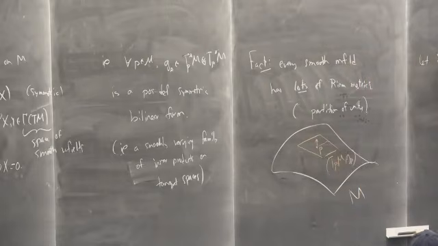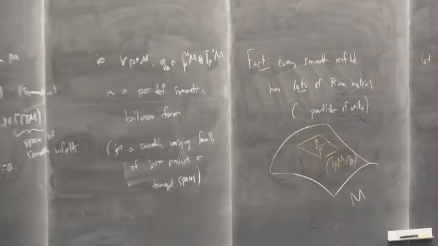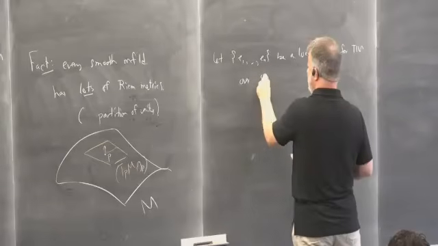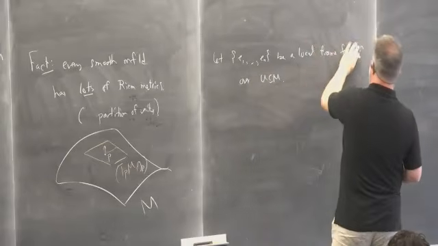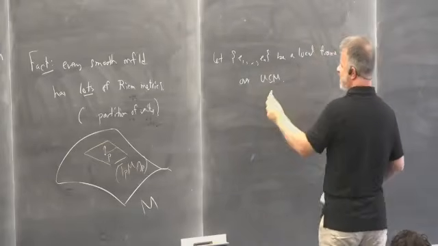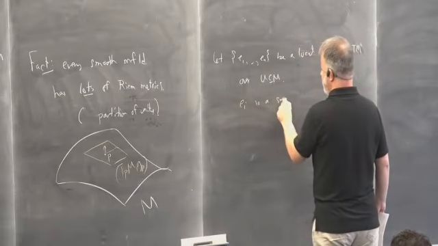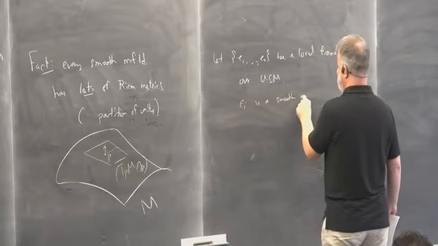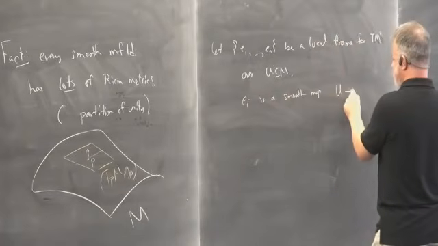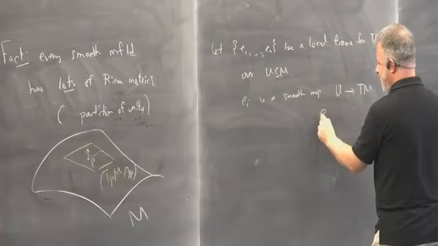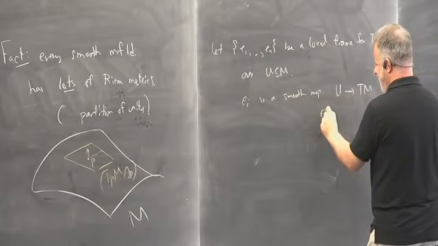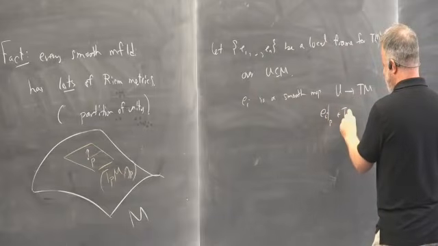Okay, so let e_1 up to e_n be a local frame for the tangent bundle over some open set U. What does this mean? This means that each e_i is a smooth map from U to the tangent bundle such that e_i at the point p is in T_pM.